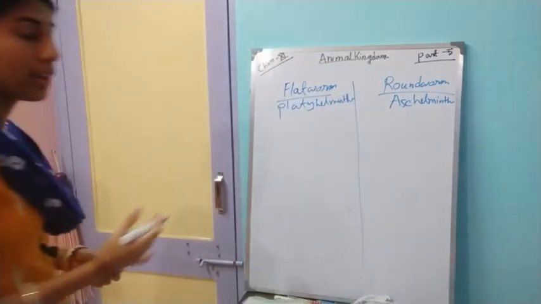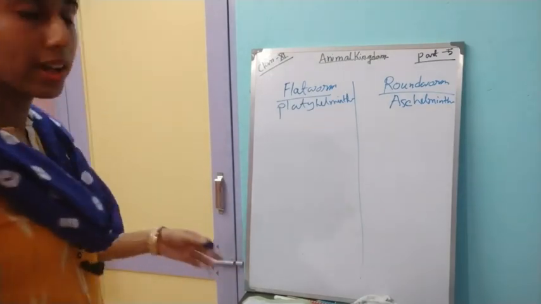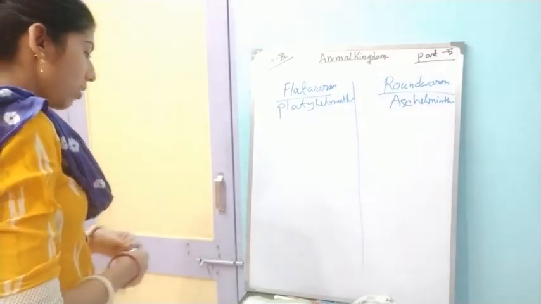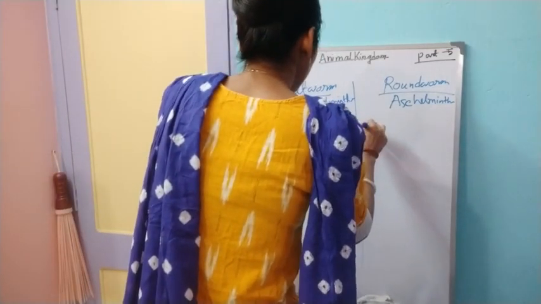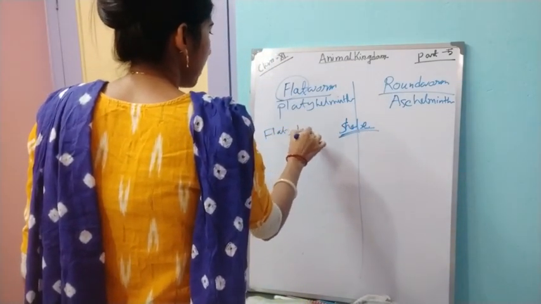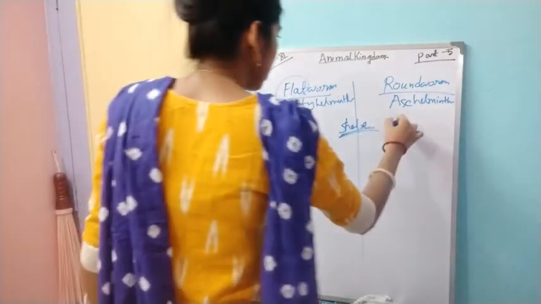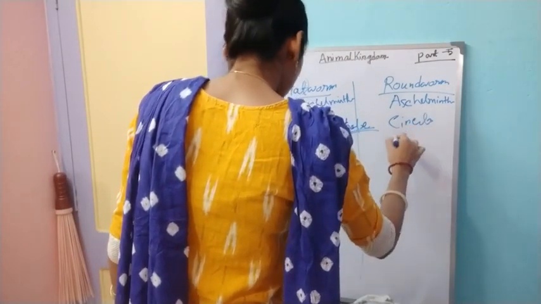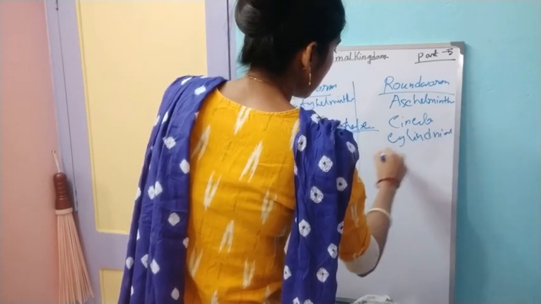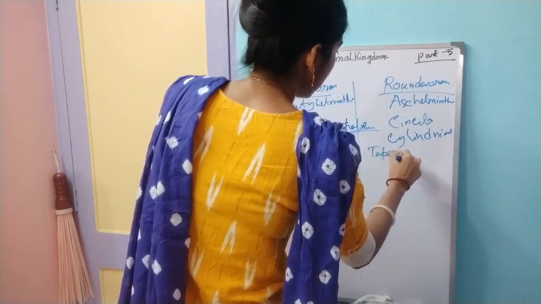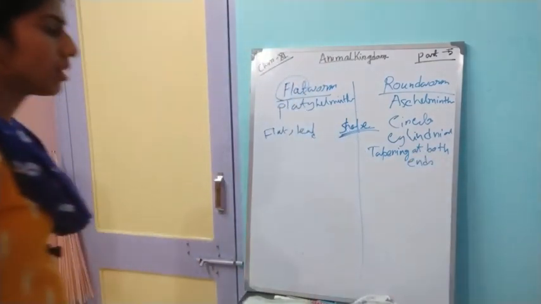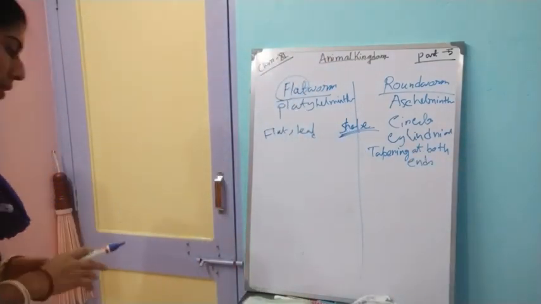Both are helminths. So flatworm means Platyhelminthes and roundworm means Aschelminthes. Now, if I consider the shape of the body, flatworms, as their name suggests, are flat or leaf-like, while the roundworm's body is circular in cross section, that means cylindrical, and tapering at both ends. That is the difference in shape between flatworm and roundworm.